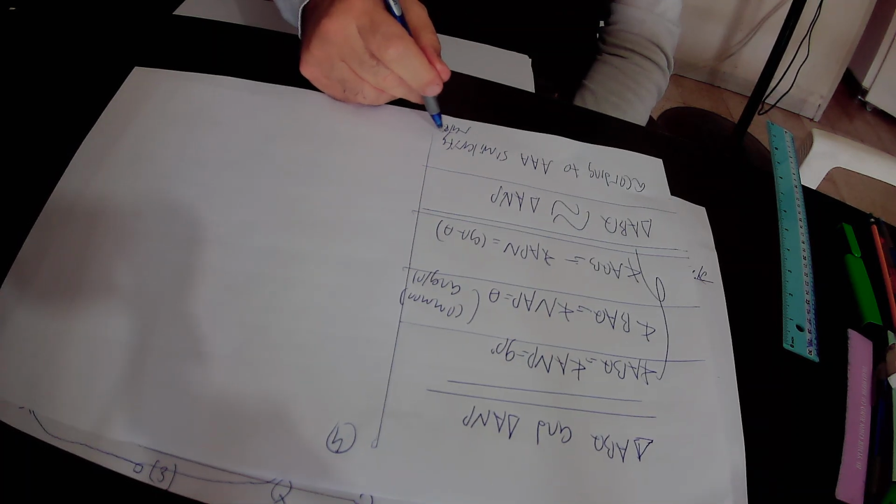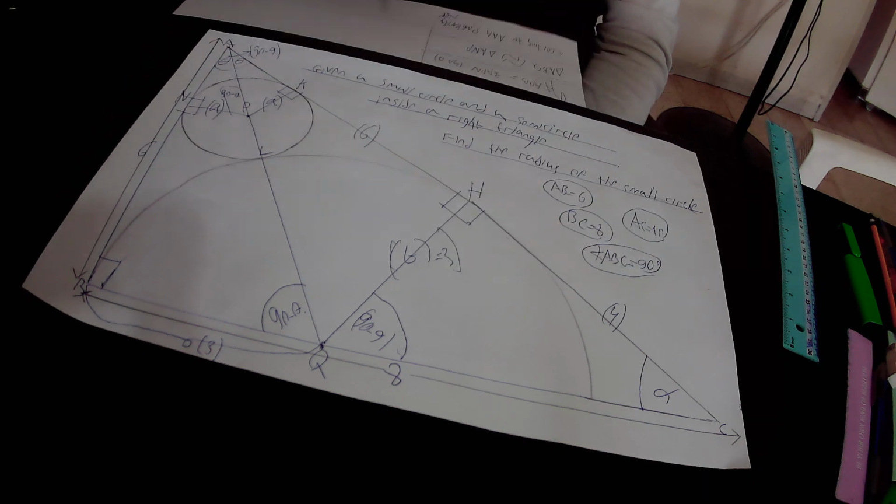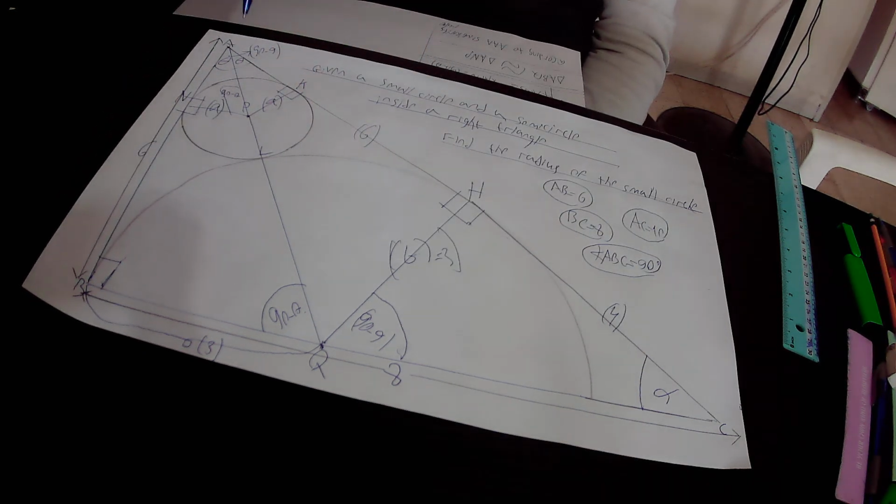And from the fact that the right big triangle ABQ is similar to this right small triangle ANP, we will derive that the following relationship exists between their sides.